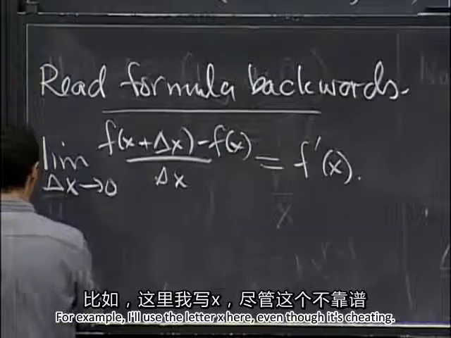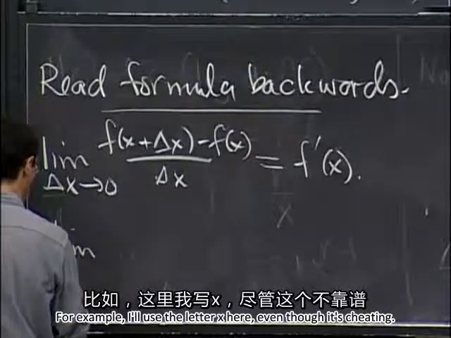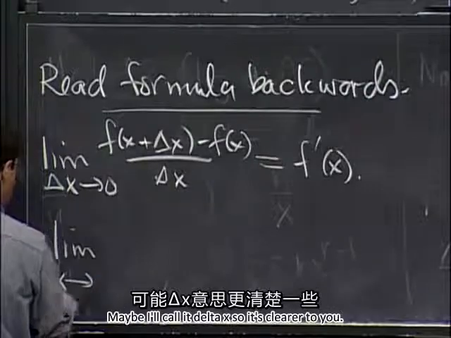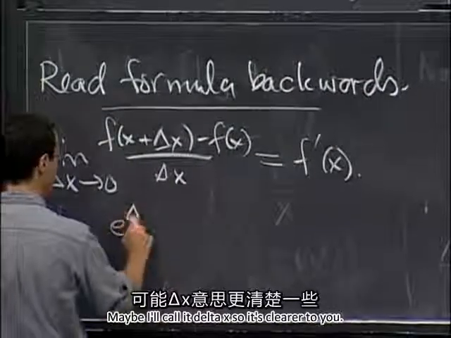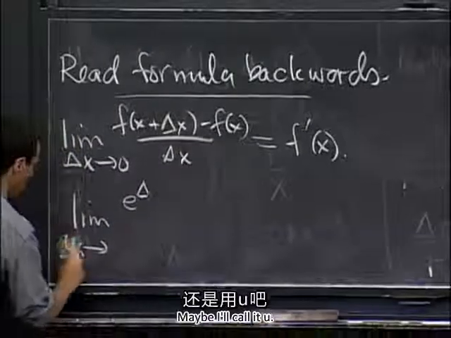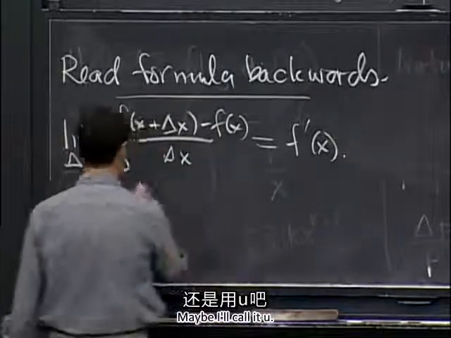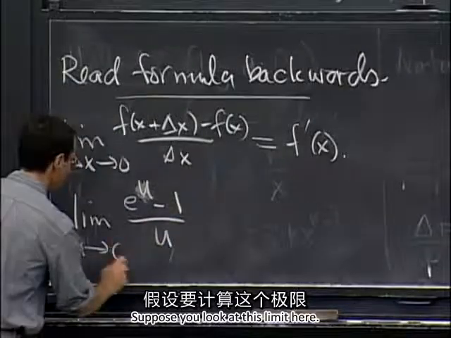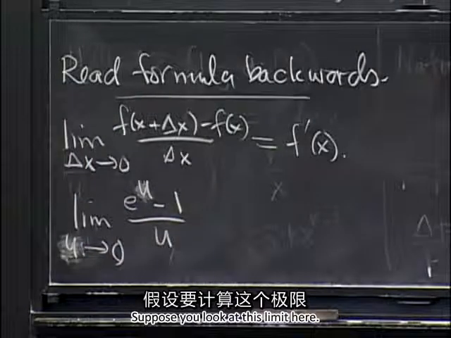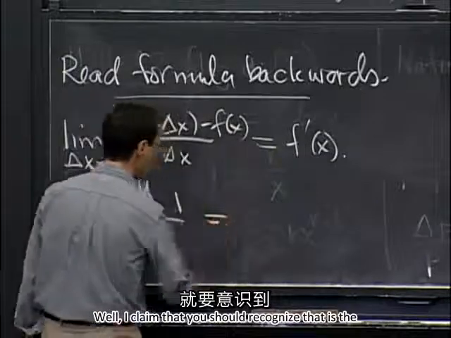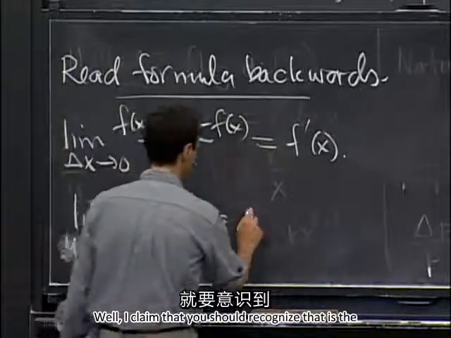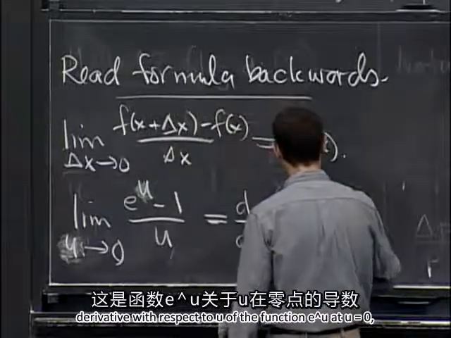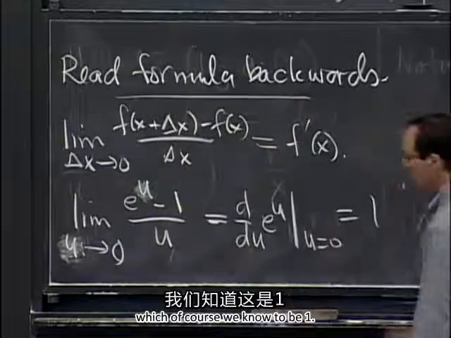For example, I'll use the letter x here, even though it's cheating. Maybe I'll call it delta x so that it's clearer to you. Actually, I'm going to call it u. Suppose we look at this limit here. Well, I claim that you should recognize that this is the derivative with respect to u of the function e to the u at u equals 0, which of course we know to be 1.